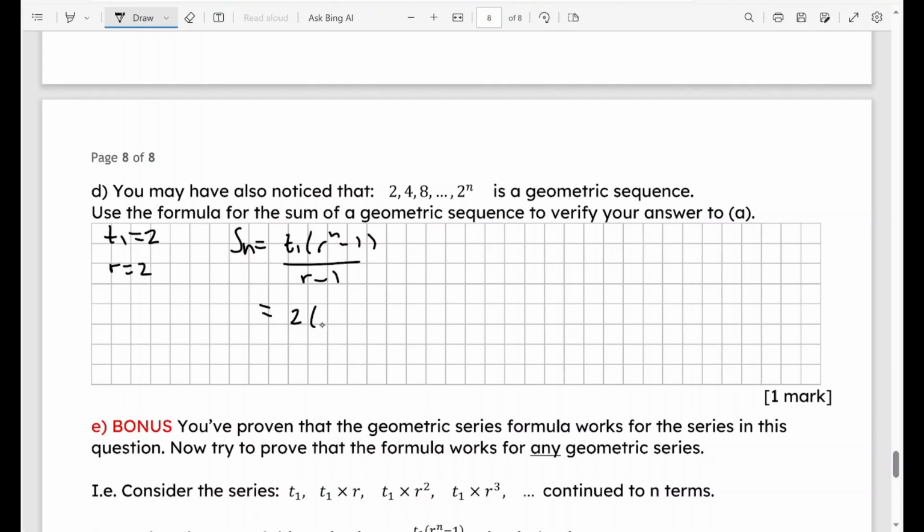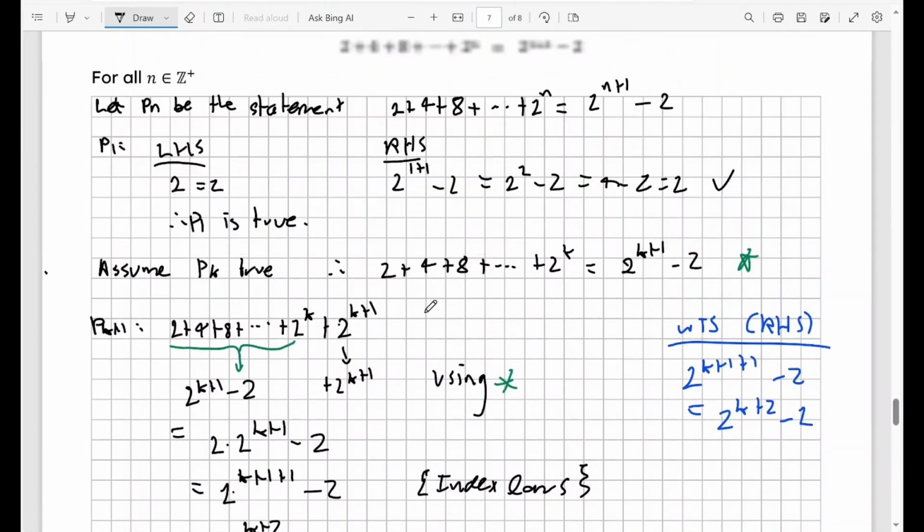Which is 2 times 2 to the n take 1 over 2 take 1, which is 2 times 2 to the n take 2 all over 1, which is 2 to the n plus 1 take 2. Yeah. So that matches what our conjecture actually was, so that's cool.